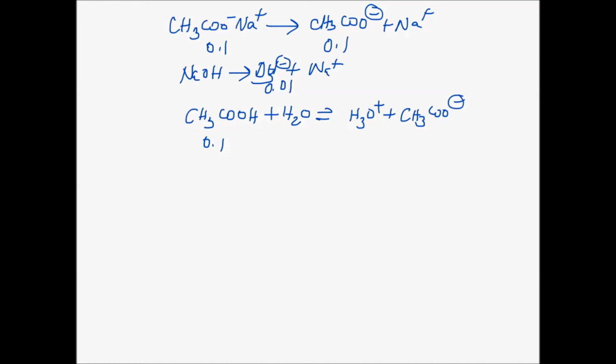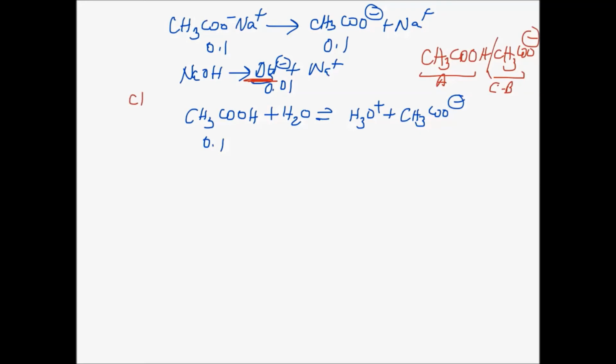Hopefully you can see a third reaction is going to take place. My buffer is CH3COOH and CH3COO minus. The added OH negative is going to react with the acid part, not the conjugate base, but the acid part of the buffer.